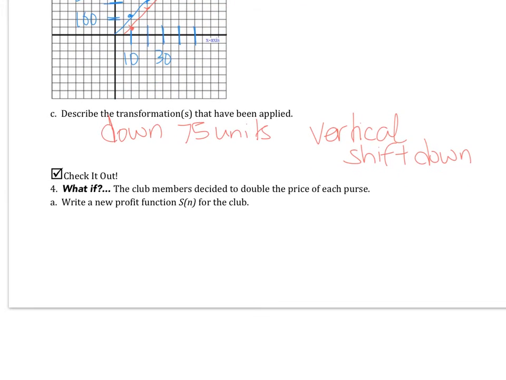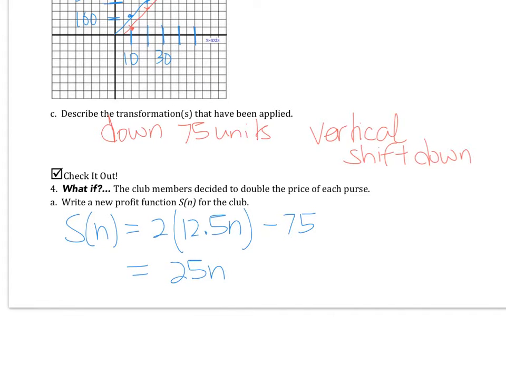So we're only going to take 2 times that part. So S of n is going to be 2 times the 12.5n, and the minus 75, there's still a set expense. So when we multiply, there's our new function.